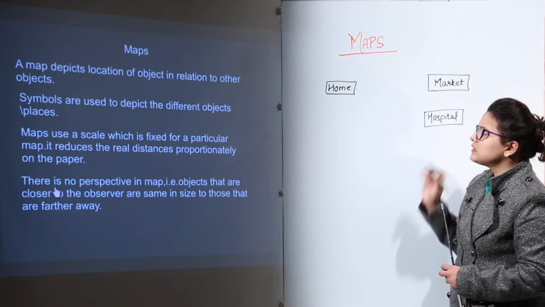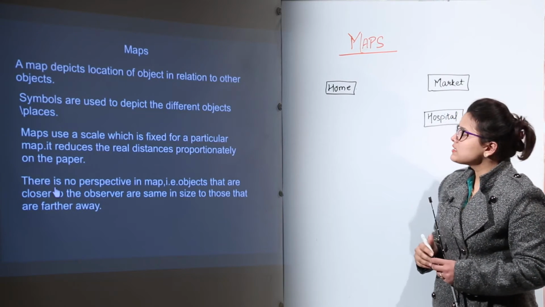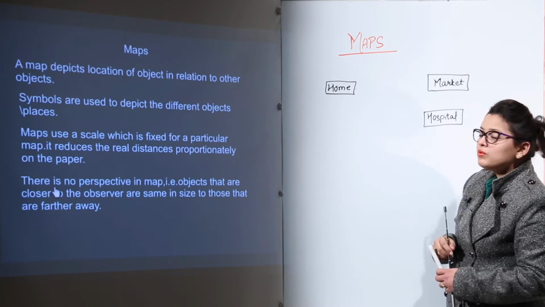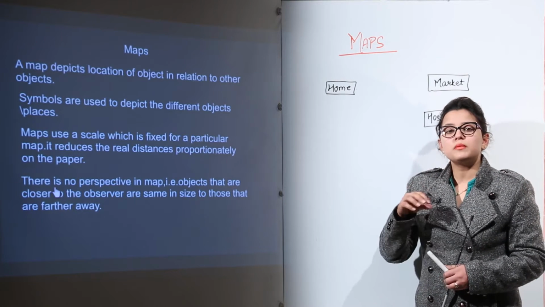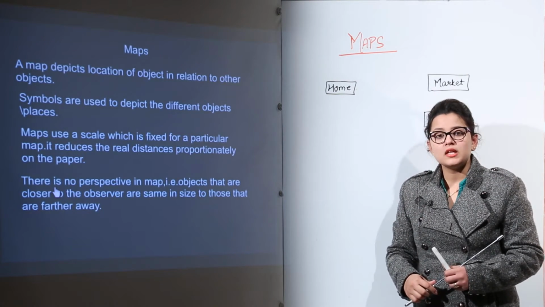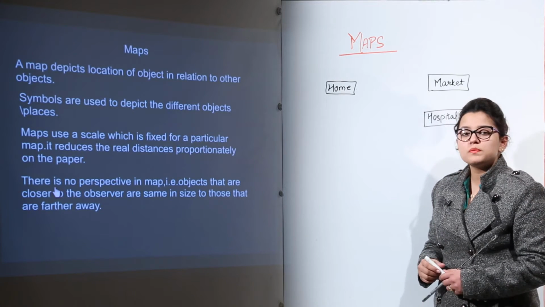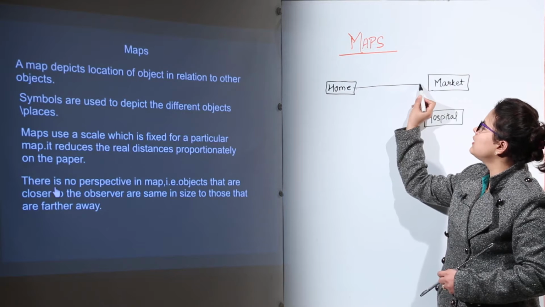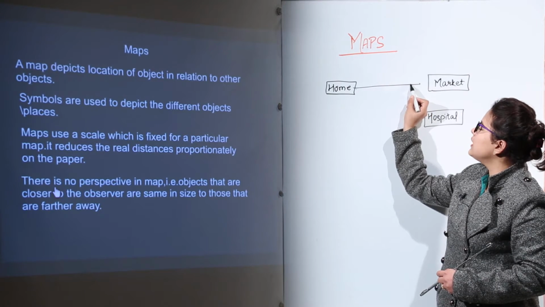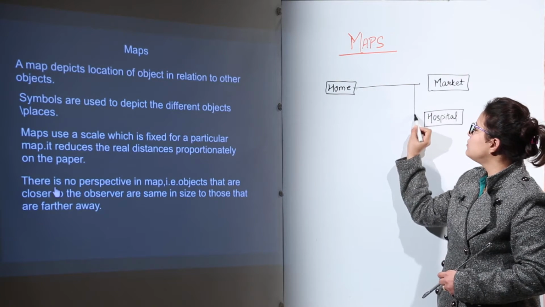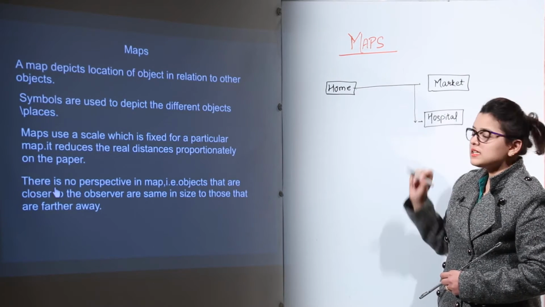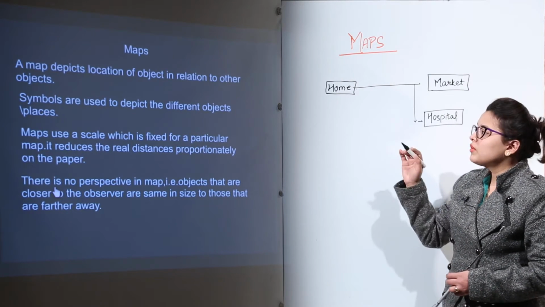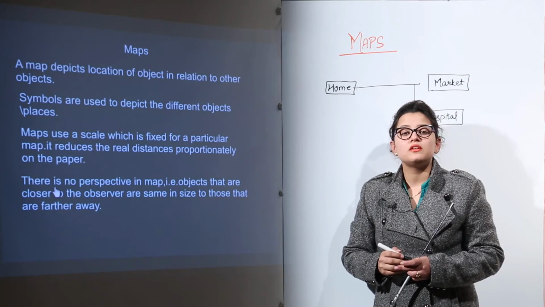Now these are the three things on your map. If I ask you how would you go to a hospital? If somebody asks you, can you please guide me the way to the hospital? How would you tell the person? You would tell the person, please go straight to the market, and if you take a right turn from there, you would reach the hospital. That's it. That means for maps you are always using relations.